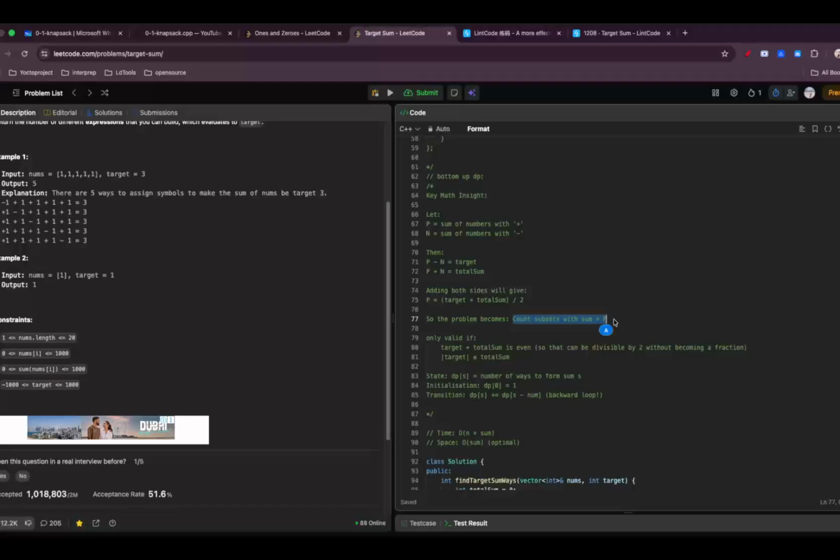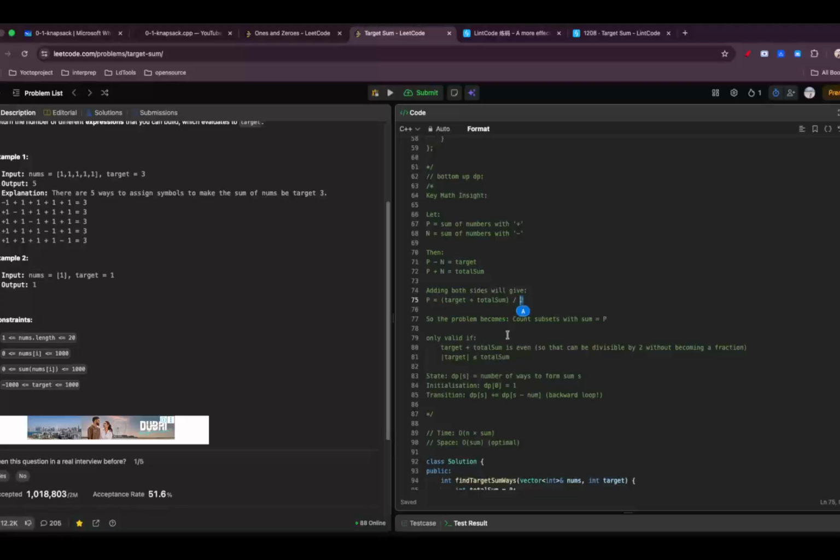And for getting this p, what exactly do we need? It's the target and the total sum; when we add them up, it should be divided by 2. So for this to work perfectly, that it is divisible by 2, the target plus the total sum should be even. Then only can we divide it by 2.